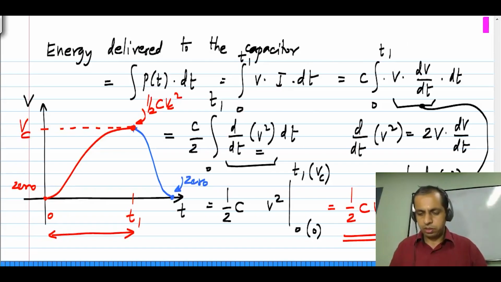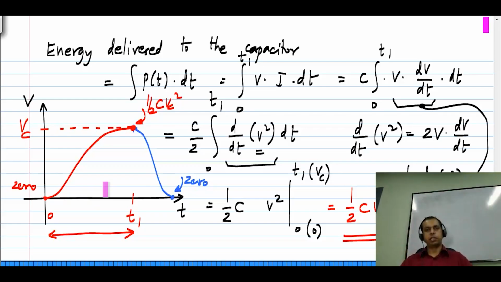So like I said, you can charge it to a certain voltage Vc and then have the capacitor deliver energy to the rest of the circuit, or basically the capacitor absorbs negative energy. But to get to the starting point where it is charged to Vc, you had to supply energy. So if you take the net energy absorbed by the capacitor, it will be positive. So the capacitor absorbs energy and it is passive.